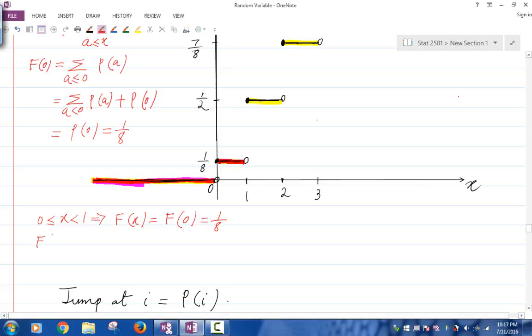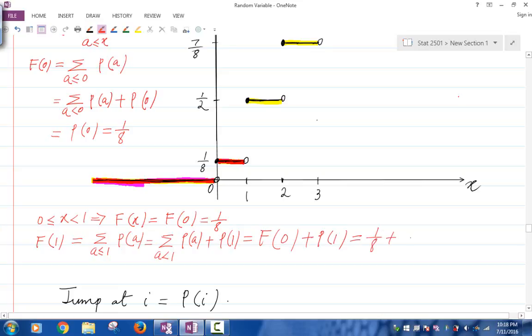Well, what is F of 1? Well, F of 1 is the summation over a less than or equal to 1 of the probability that X is a, which is the same as the summation over a less than 1 of P of a plus P of 1, which is basically capital F of 0 plus P of 1, which is 1/8 plus P of 1.